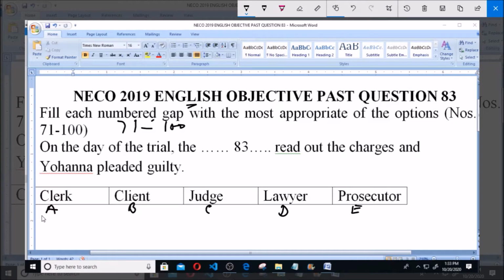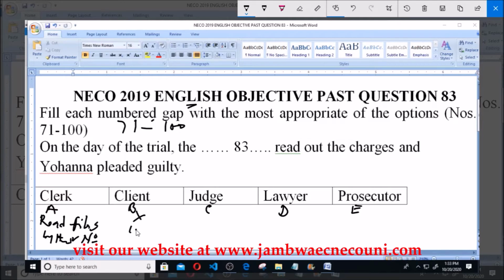files. They read files by their numbers, that is, calling out files. Then client is not the answer, because client has to do with customer.